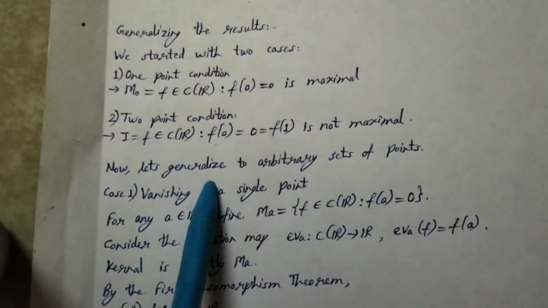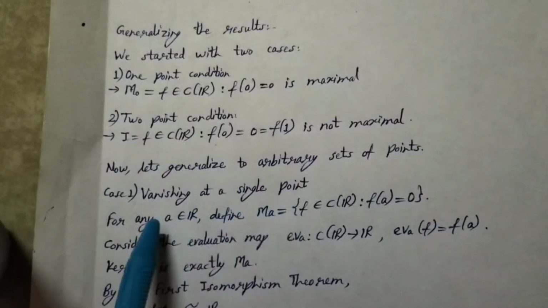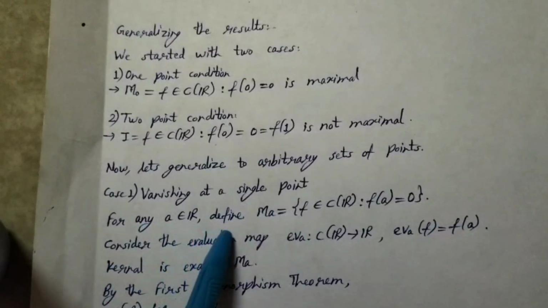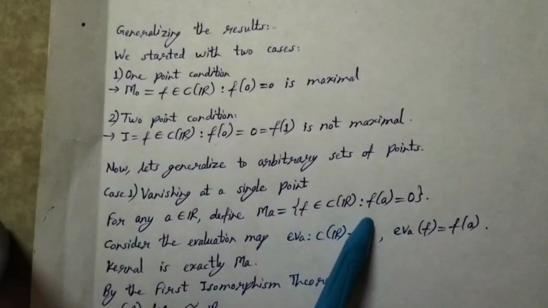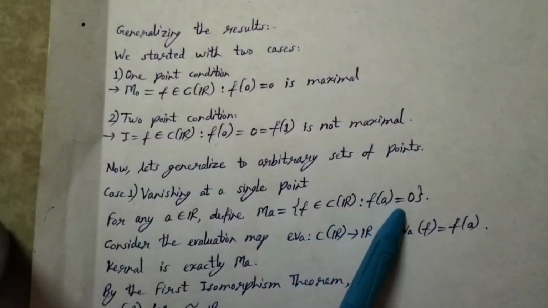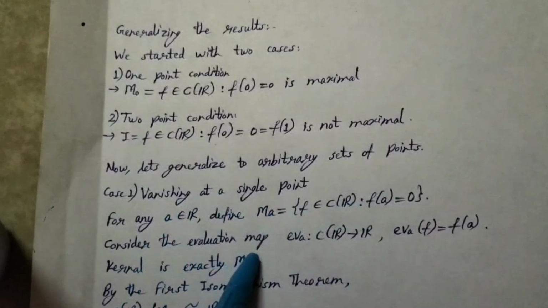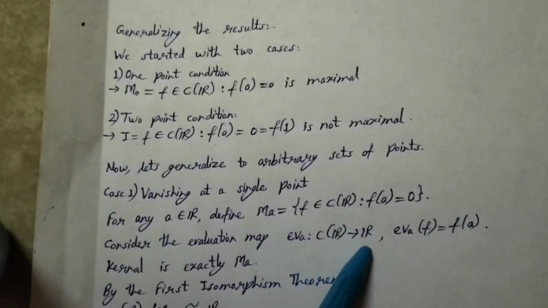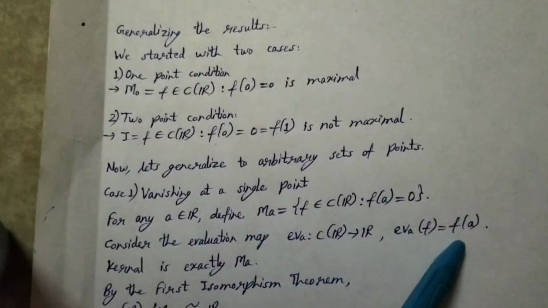Now let's generalize to arbitrary set of points. So case 1 is vanishing at a single point. So, for any a belonging to R, define M_a equal to {f belonging to C(R) such that f(a) = 0}. Now let's consider the evaluation map EV_a, where EV_a(f) is equal to f(a).